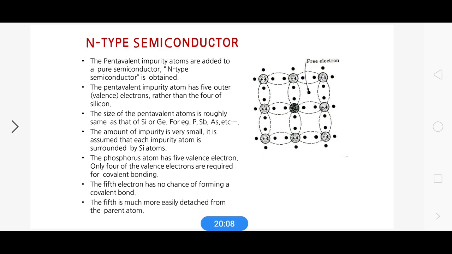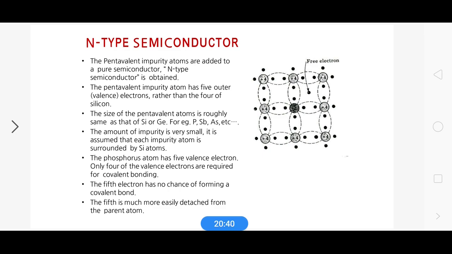The pentavalent impurity atom has 5 outermost electrons, that is, its valency is equal to 5, whereas for germanium or silicon the valency is equal to 4.